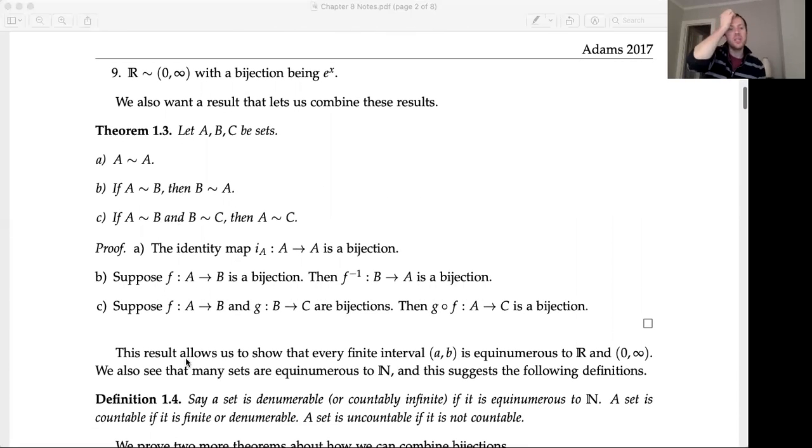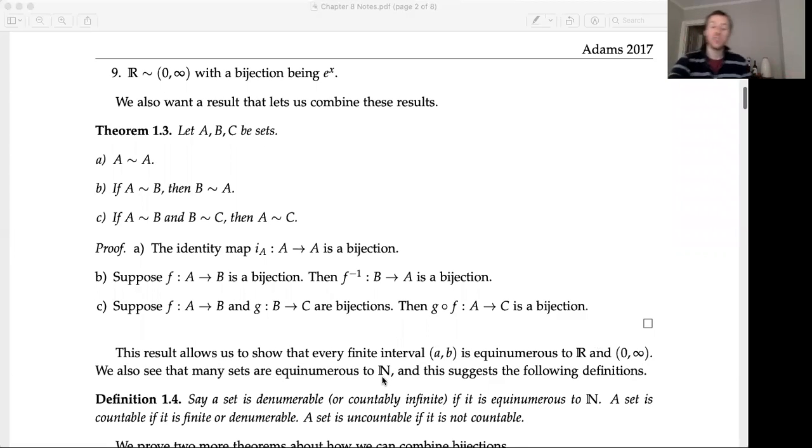So what we end up seeing is that for a lot of common sets, there are two big equivalence classes. All the finite intervals and the real numbers and this half line are all equinumerous to each other. There are also a bunch of things which are equinumerous to the natural numbers.